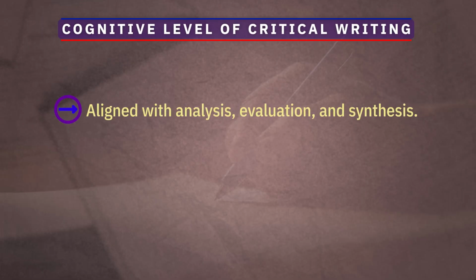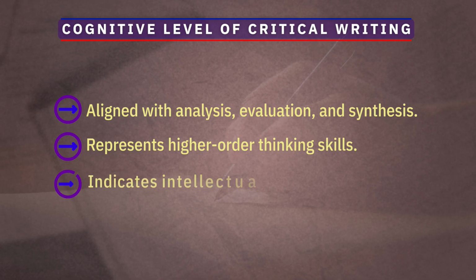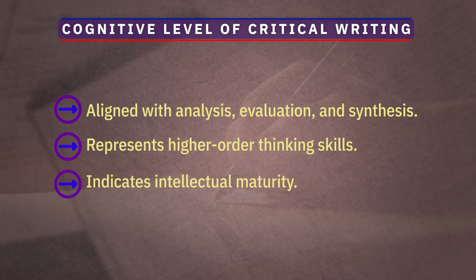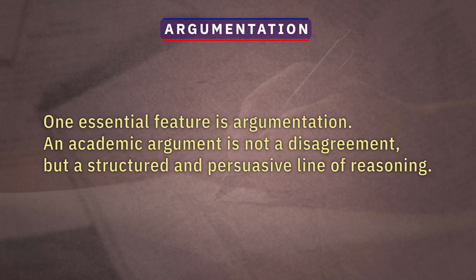So, to repeat, critical writing is aligned with analysis, evaluation, and it represents a higher order cognitive skill. It also indicates in a student a degree of intellectual maturity. Argumentation, as I mentioned, is a very important aspect of critical writing. One of the essential features of critical writing is argumentation.